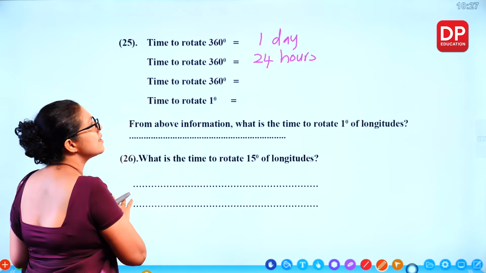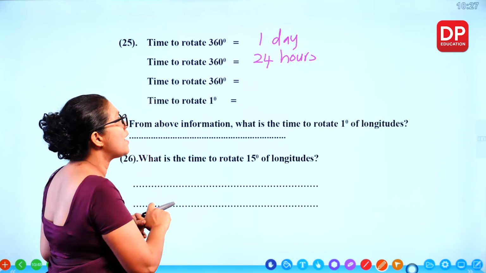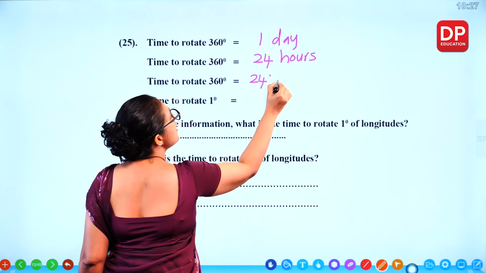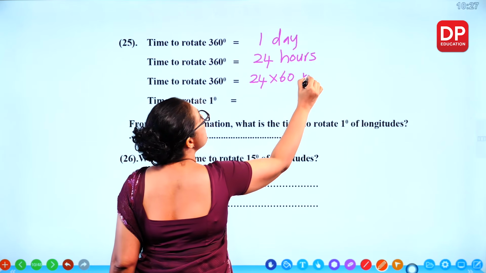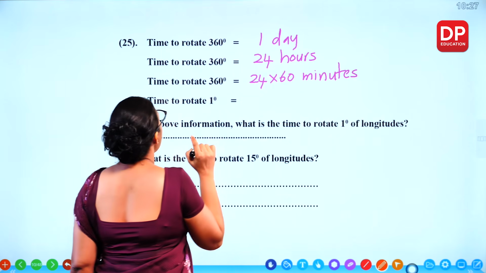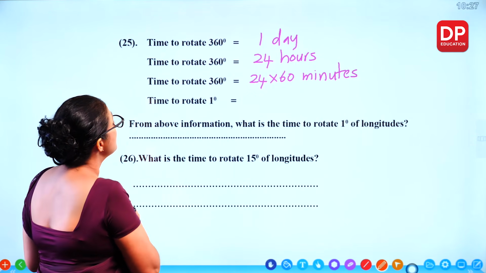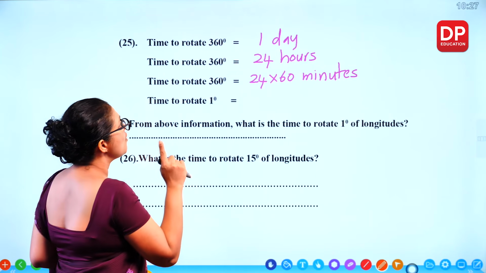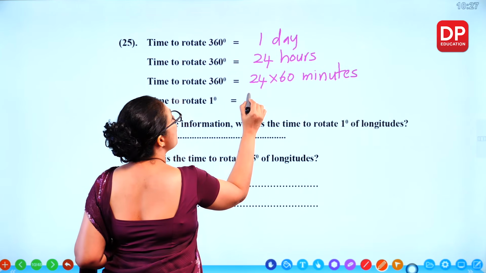In minutes, how do you convert to minutes? You multiply by 60. So 24 times 60 minutes. And this is for 360 degrees, so how do we find it for 1 degree?